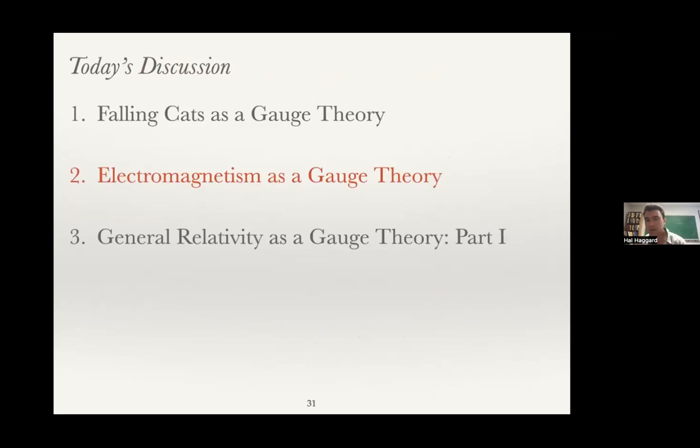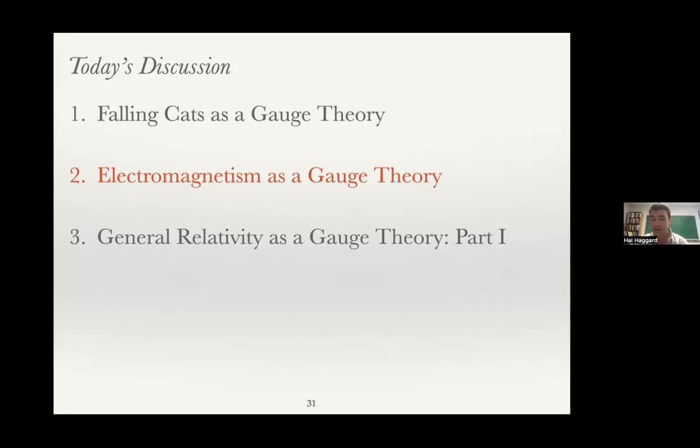So just to remind you where we are, the second part, I'm going to take up electromagnetism. I like the cat example so much just because I feel that I really understand every part of what we mean. We're talking about these kinds of changes in shape, and we really know there's no abstraction about what the gauge potential is doing. It's quite concrete. It's helping us calculate changes in orientation and so on.